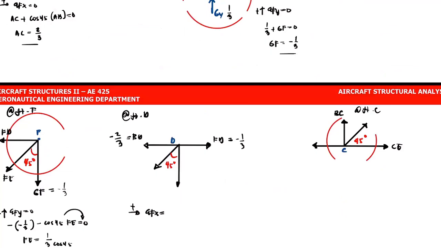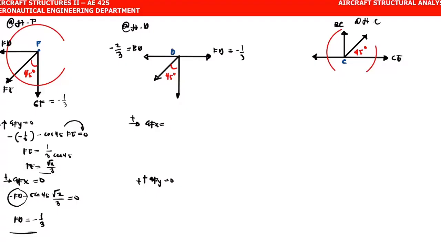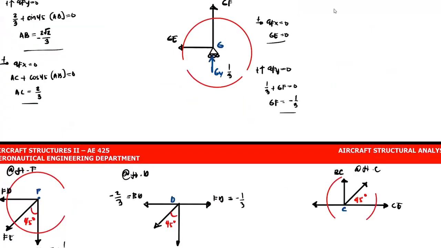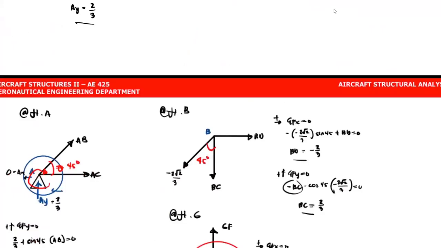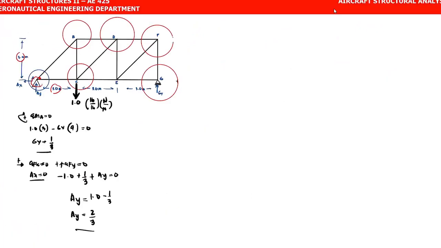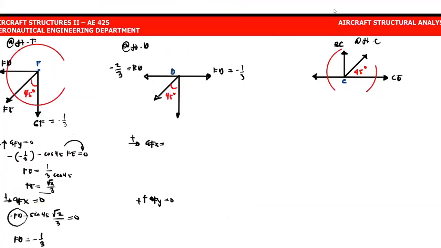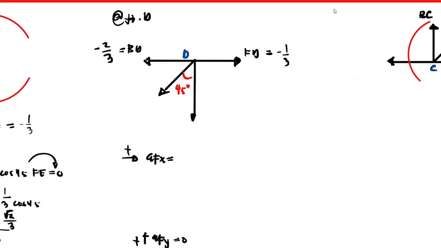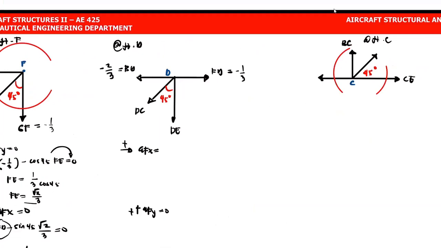Okay? Okay, so meron tayong element BD and FD, and we have element DC and DE. Okay, so ito yung element DC, and this is element DE.